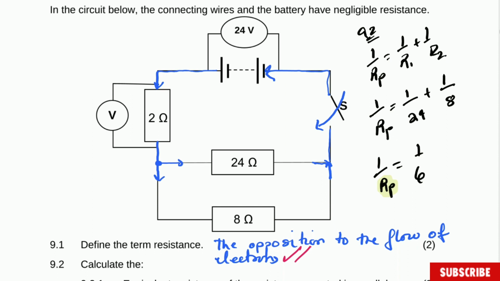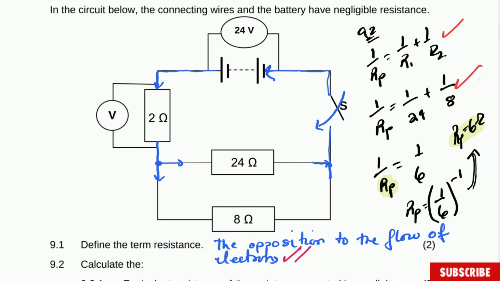However, in your calculator, if you want, you can write that Rp is equal to 1 over 6, everything to the minus 1. Be careful with that one, and then you will get that the resistance is going to be 6. So Rp is equal to 6 ohm, and that is the final answer. That one is coming from here. This calculation is quite simple. Another 3 marks, 1, 2, and 3 marks for this one.